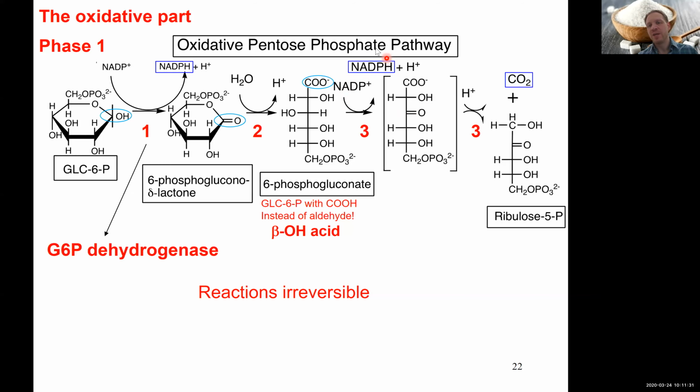Then we're doing our decarboxylation. We're just cleaving off the carboxy group. The result now is a C5 sugar, ribulose 5-phosphate. So again, remember your rules. We have a beta hydroxy acid. We're oxidizing it to a beta keto acid that can be decarboxylated.